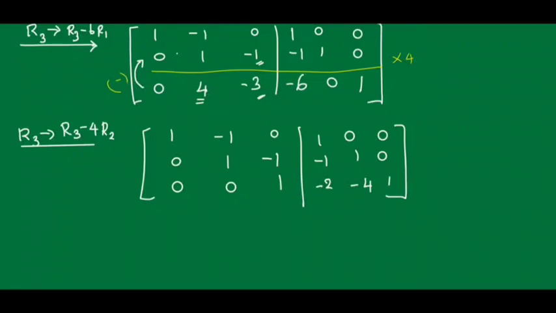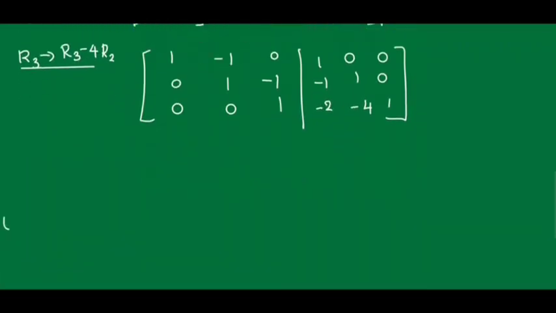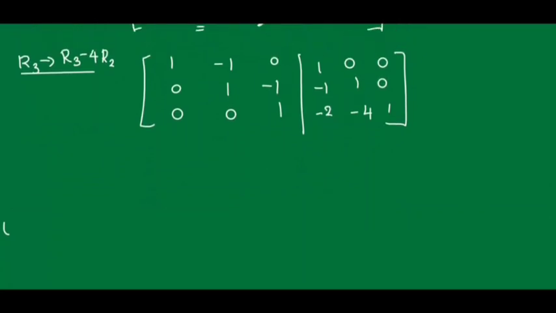Next transformation, what we can do here is, I'm going to change R1 to R1 plus R2. I'm going to add R1 and R2 to bring this element to 0. So R1, 1 plus 0, the first row and the second row both are being added here.